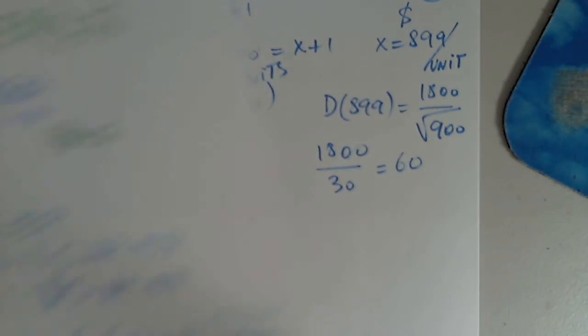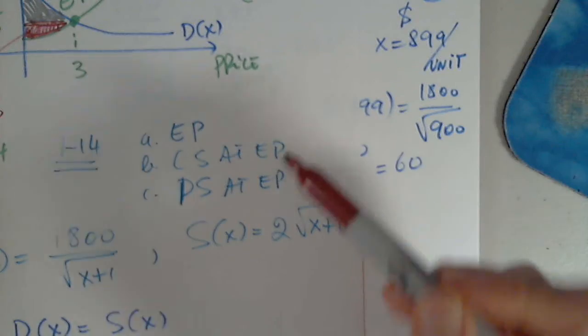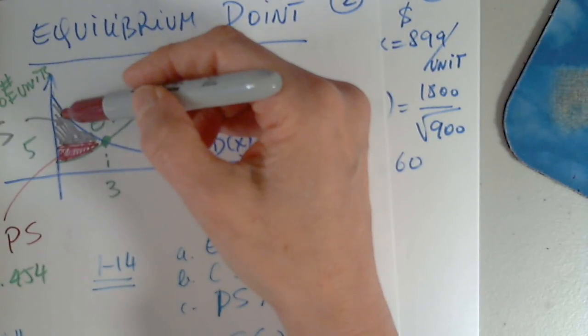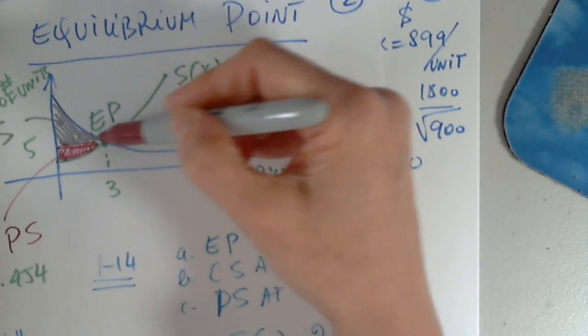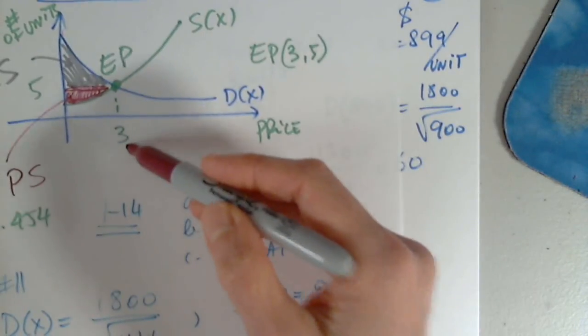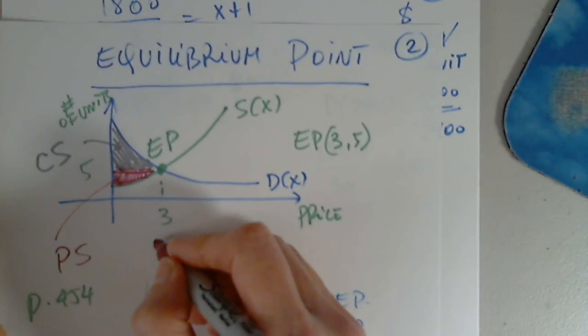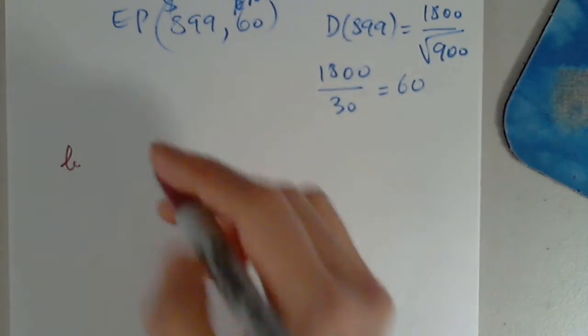In part B, I'm asked to find the consumer surplus at the equilibrium point, which is the area under the graph of D of X, subtract, now this is my $8.99. Why do I need that graph? I don't.